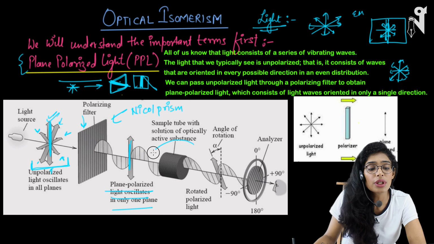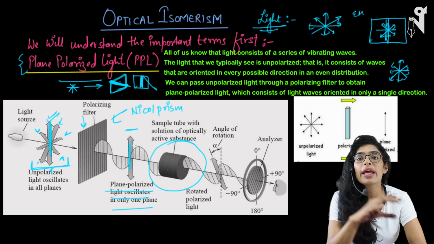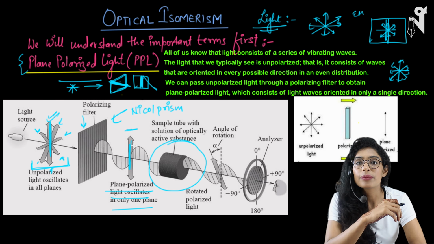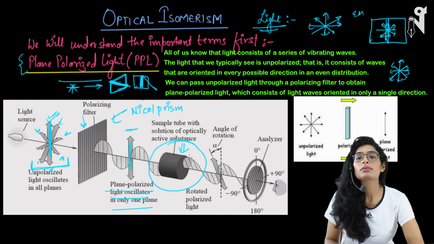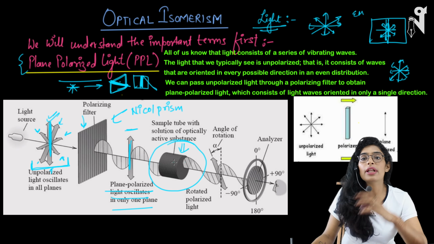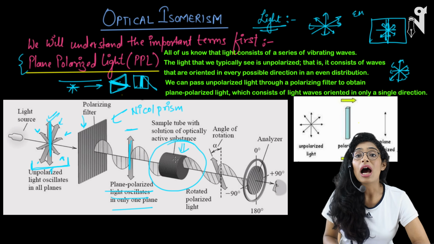Then we will see how this plane polarized light behaves when it is passed through an organic chemical sample. So I will take an organic compound in a tube. Now when the light is passed through that organic compound, how does it behave?